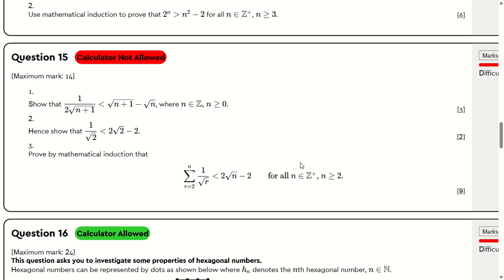So how can we start with? The difficulty level of this question is hard.